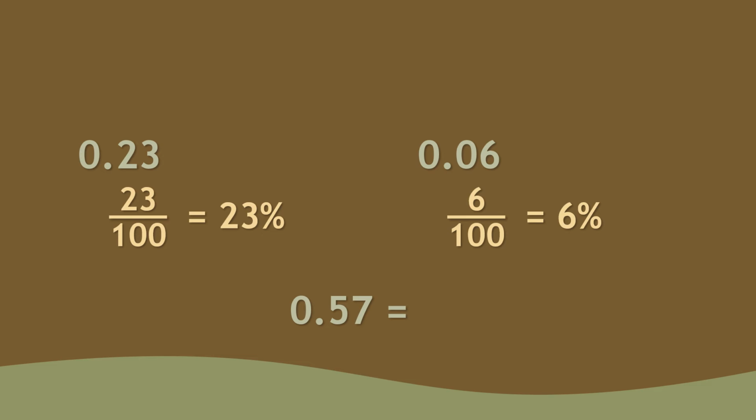Good job. Okay, so we should know by now that we just go ahead and look at our decimal place value first, and we would read this number as 57 hundredths. And you can go through the step of writing out the common fraction, or if you want, you can do the mental math, and you would know that 57 hundredths can also be written as 57%.